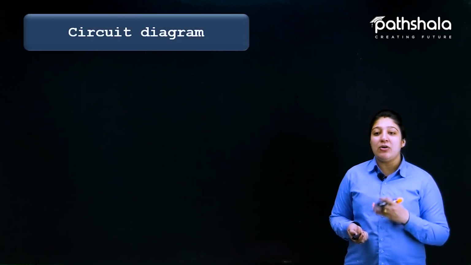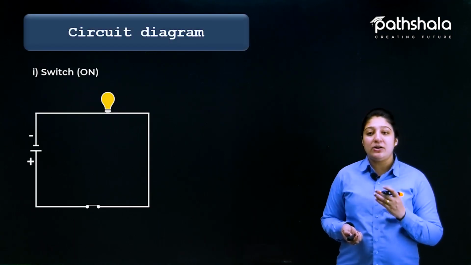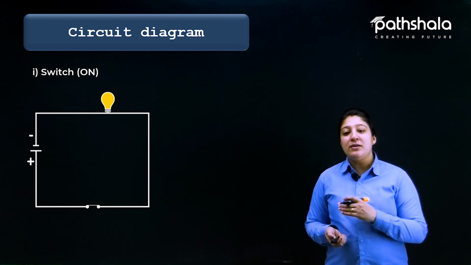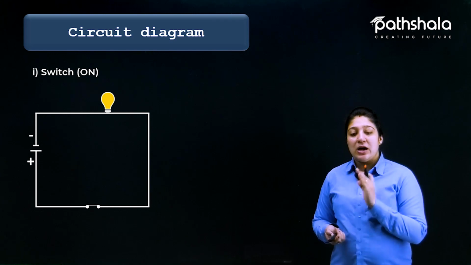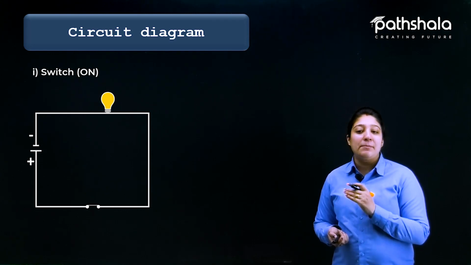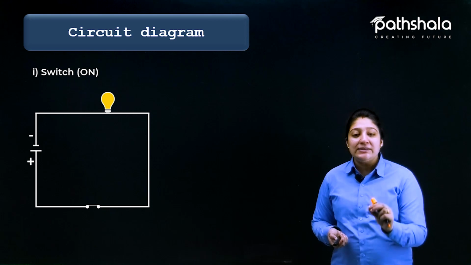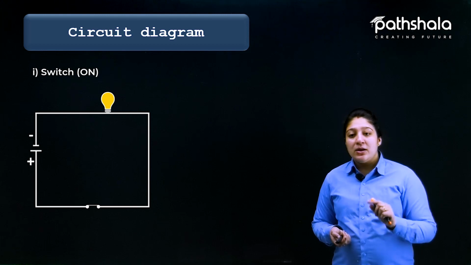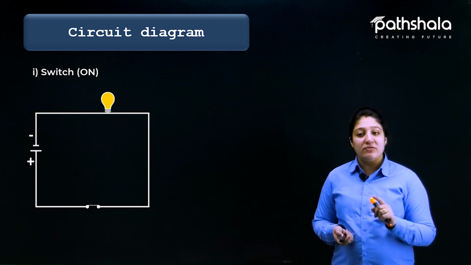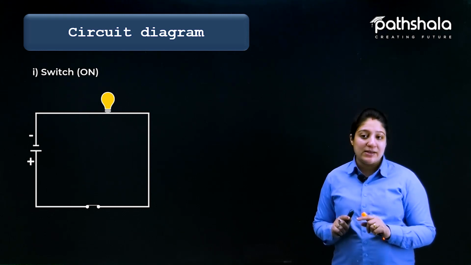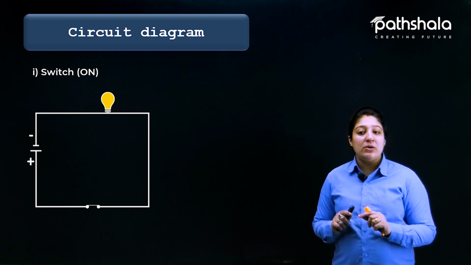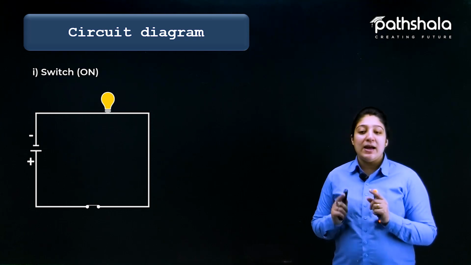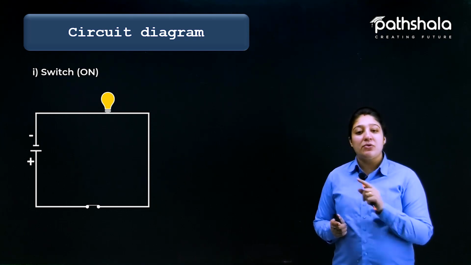Now here see how electric circuit diagrams are made. There are 2 cases. In the first case, the switch is on. That is when there is a complete connection. As soon as the switch is in the on position, the conducting path of the electrical circuit is complete, and as a result there is a connection between the positive and negative terminal of the cell, so there will be a flow of charges.